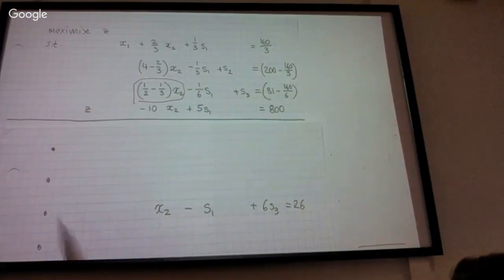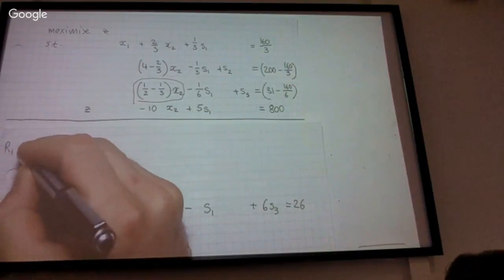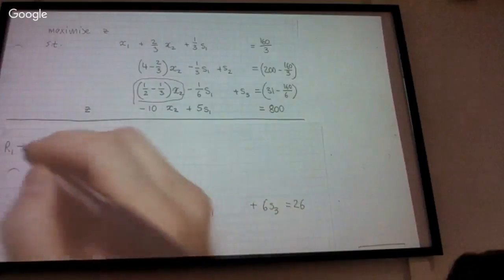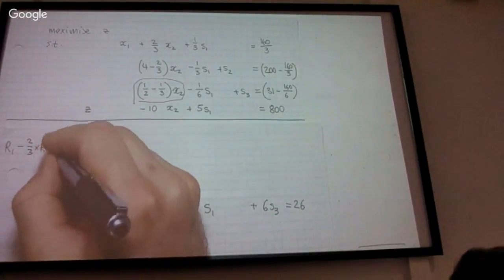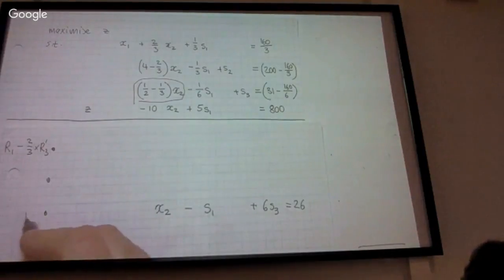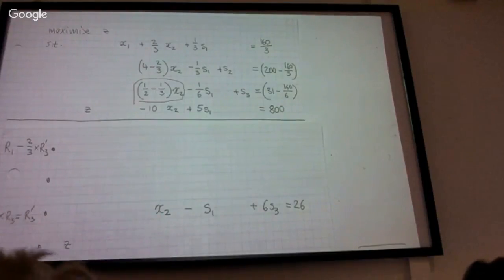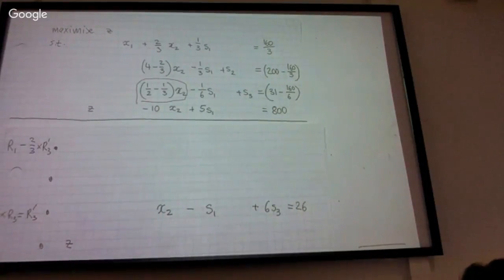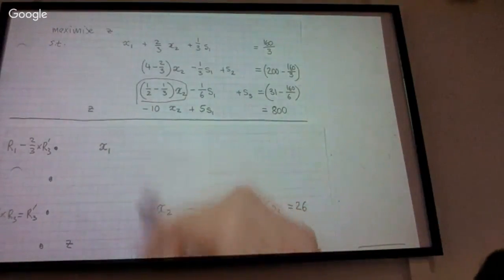Okay, so the first one is going to be row 1, take away 2/3 times the new row 3. Okay, this is the new row 3, and it was 6 times the old row 3. Anyway, so yes, when we do the subtraction, we get x1. What's next?